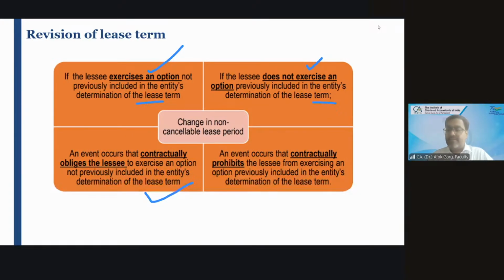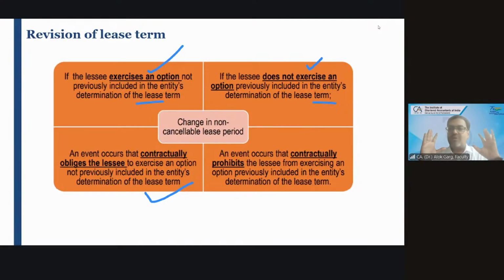So friends, due to COVID, number one, the companies have started vacating the premises. They will not be needing the premises. So it means whatever non-cancelable period is there, they have to oblige to that period, because even though they will vacate, they have to pay the full rent.